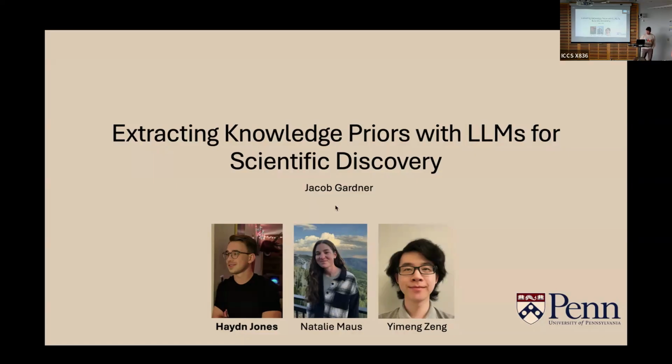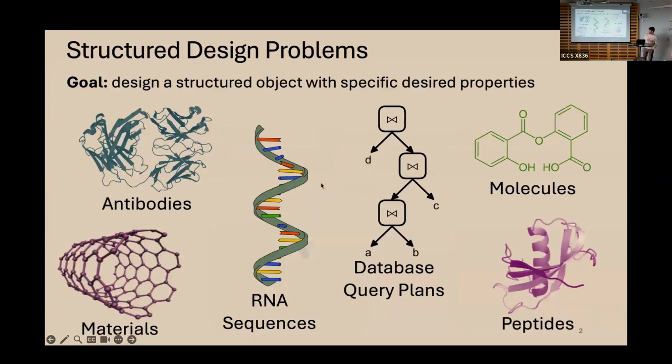Yeah, so our group, broadly speaking, works a lot on what I call structured design problems. And the goal here is I want to design some kind of object in some domain that has some properties that I want. So this might be antibodies that bind well to a target I care about. This might be materials. I actually don't know that much about materials. I have a few collaborators that do, but it's probably the domain I know by far the least about.